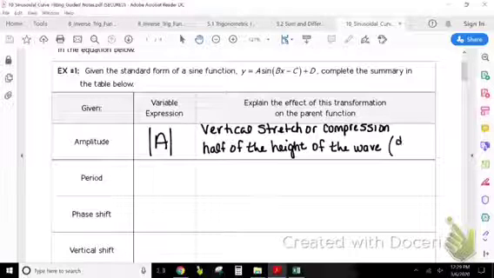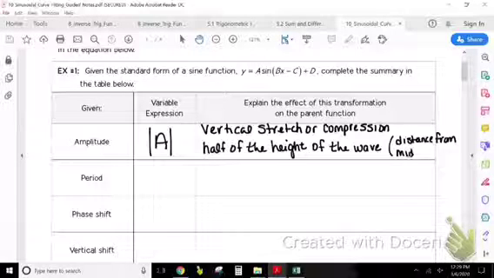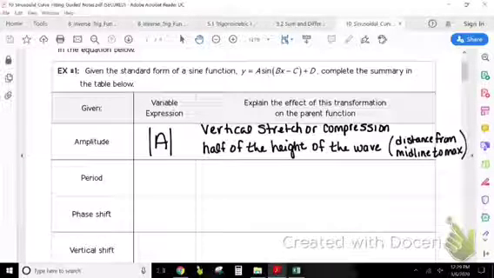So I'm going to write over here in parentheses the distance from the midline to the maximum, but remember it could also be the minimum because it's half of it, right?